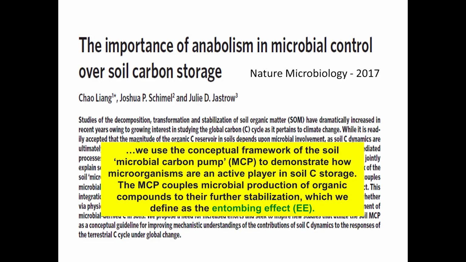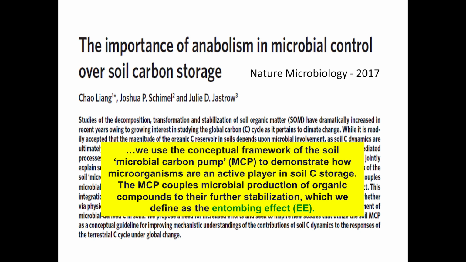Almost everybody thinks of microbes primarily involved with decomposition. That, in metabolic terms, would be catabolism. But we can also think about anabolic function, right? When you're building muscle, anabolic function. Building microbial biomass is what this article is about, the importance of anabolism in microbial control over soil organic carbon storage.